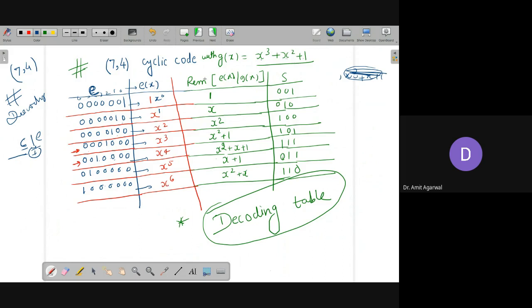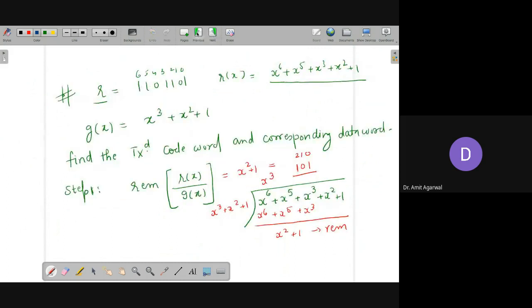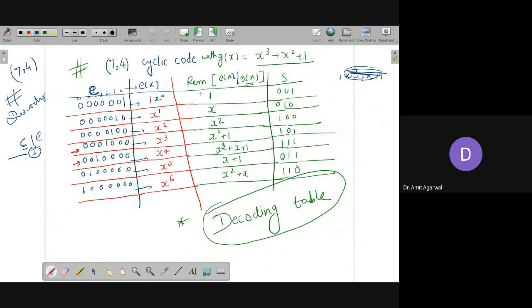Next, you divide your Ex by Gx, where Gx is your generator polynomial. Once you divide it, you write the remainder here. I will just divide for one case.